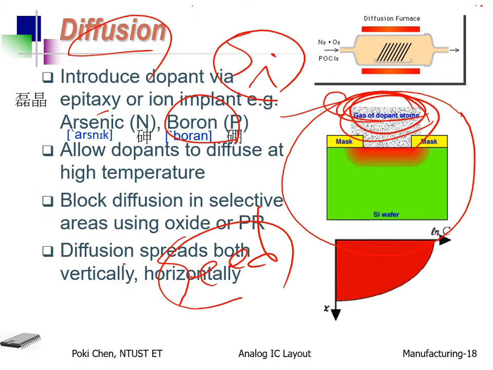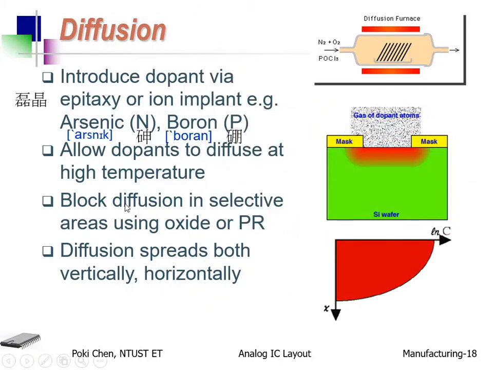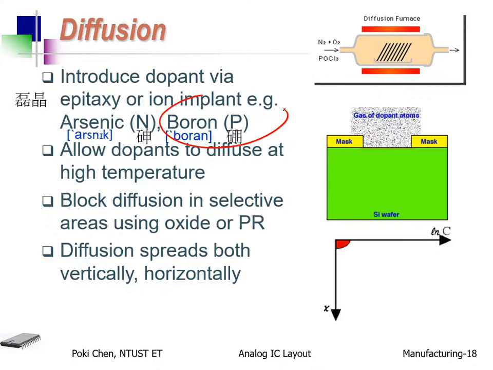It also needs to be done very, very carefully. For example, if you have such kind of boron for P doping, right? Then, maybe it is incorrect. P should be for phosphorus, so B should be for boron.